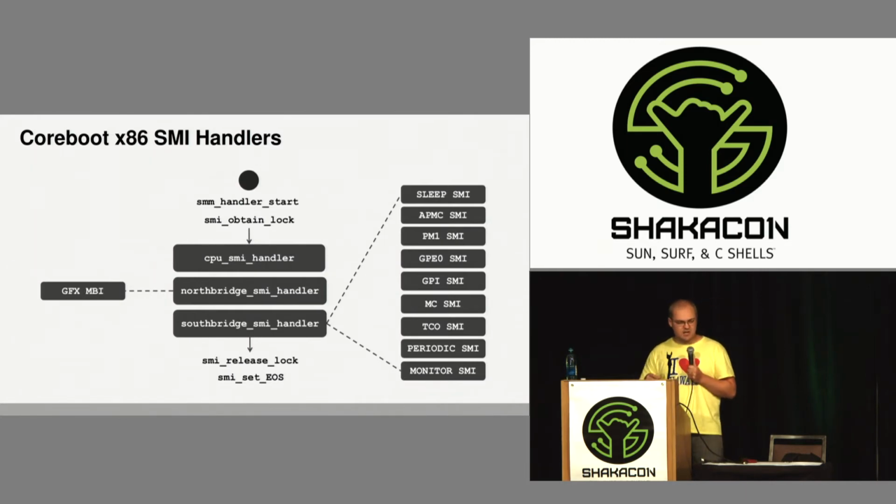And then it goes to the south bridge and enumerates all of the south bridge SMI handlers, including the advanced power management controller, the memory controller, periodic SMI, sleep SMI, and so on. So that's the list of SMIs, and it checks which one the operating system or hardware wants to execute.